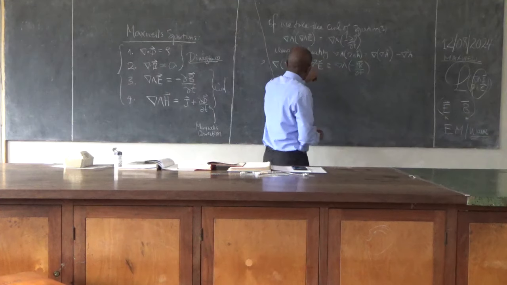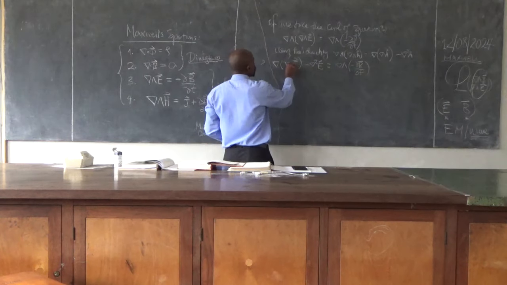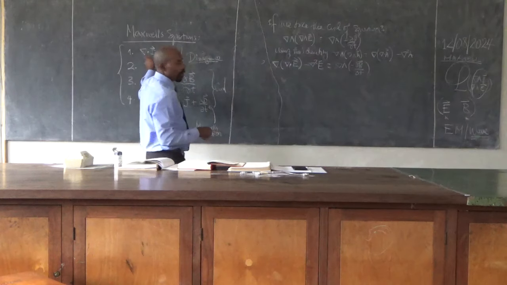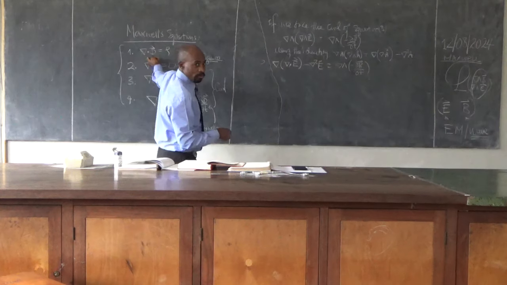And then here, the divergence of E is rho over epsilon.